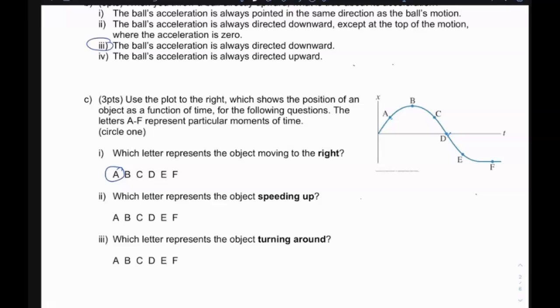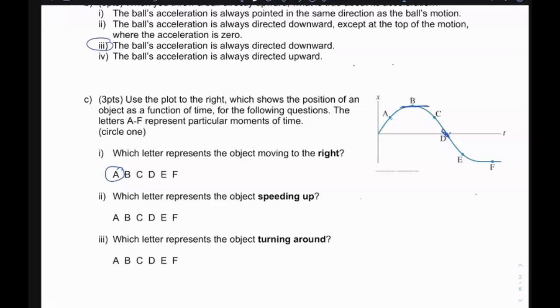The tangent to the curve at that point is horizontal, so the velocity is 0 at B. And then at D, we see a negative slope, but the slope is at a maximum at that point.